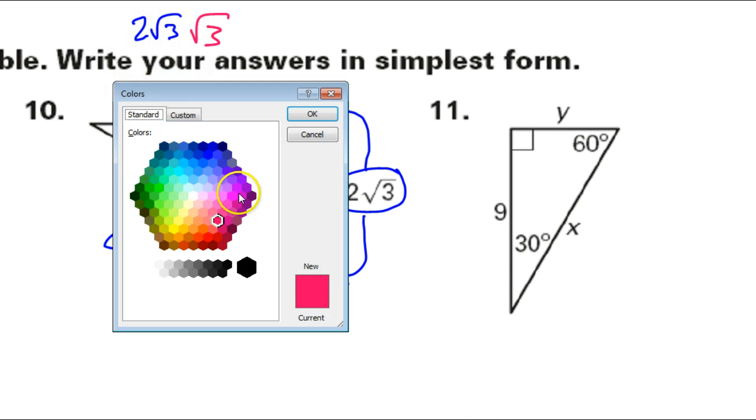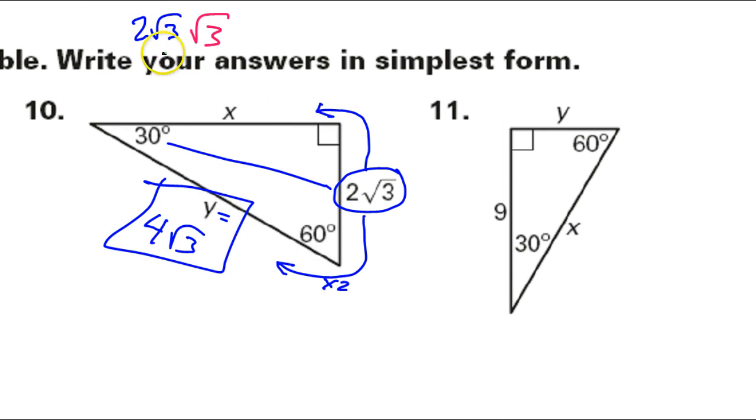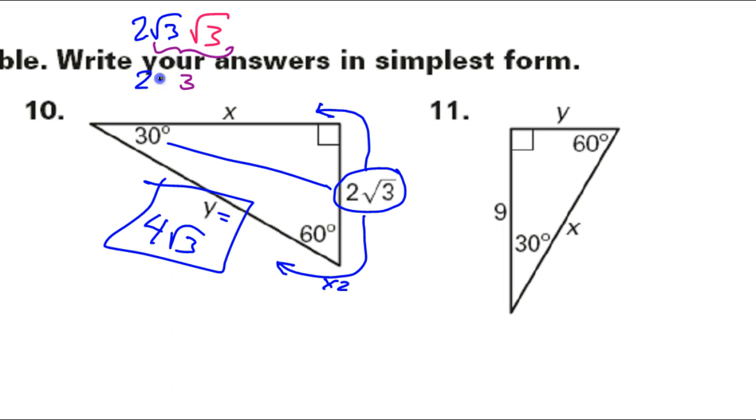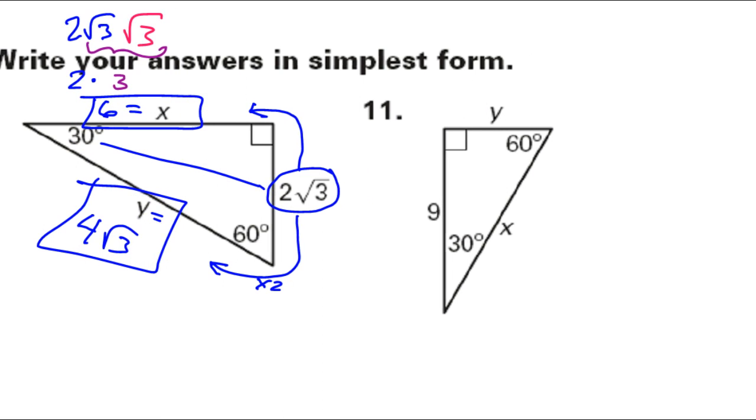Well, hopefully you have learned now that if you multiply radical 3 times radical 3, you're just going to get 3. And then I could just bring down this 2. So I've got 2 times 3. So that's going to be 6. Okay, so x is going to be 6, and y is 4 radical 3. All right, these are some of the most interesting problems because you really have to think about it a little bit.